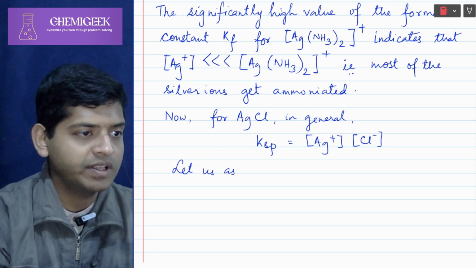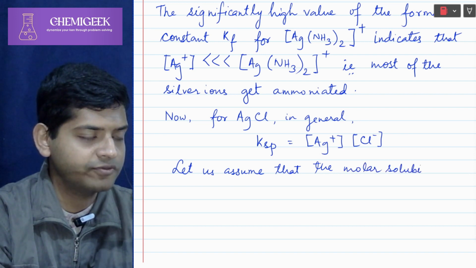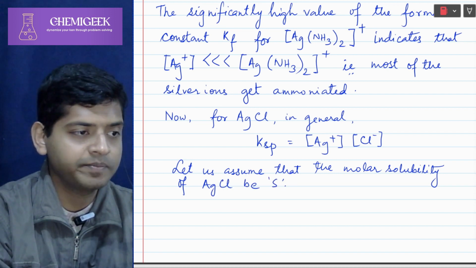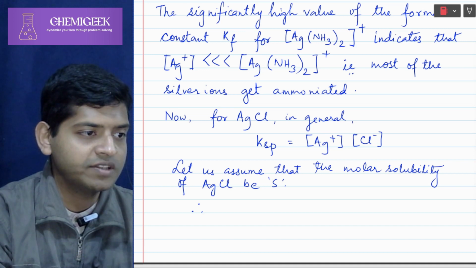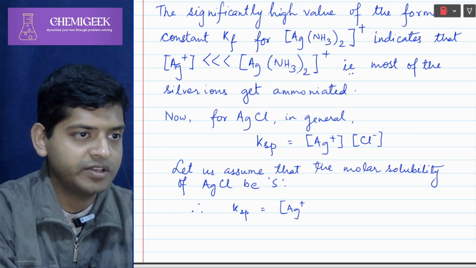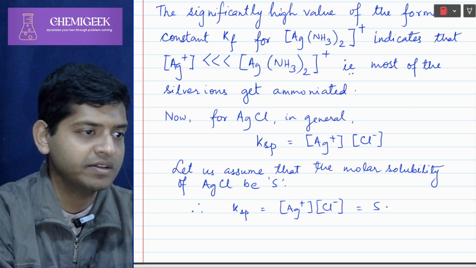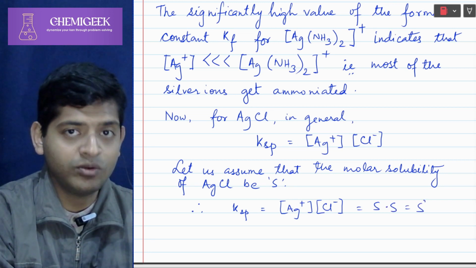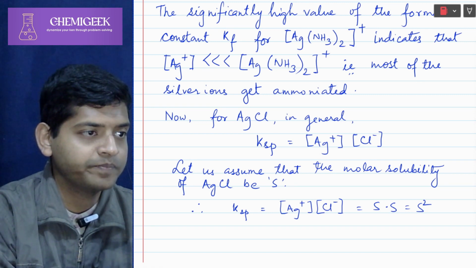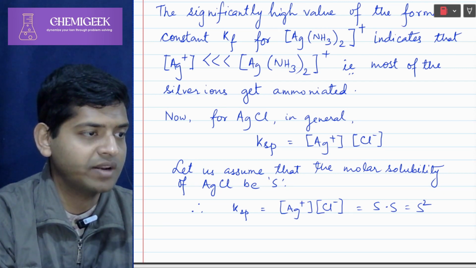Now let us assume that the molar solubility of silver chloride be capital S. Therefore, the solubility product is given by the concentration of silver ion multiplied by the concentration of the chloride ion. Since both are equal to the solubility of silver chloride, this means this is S multiplied by S, which is equal to S square.